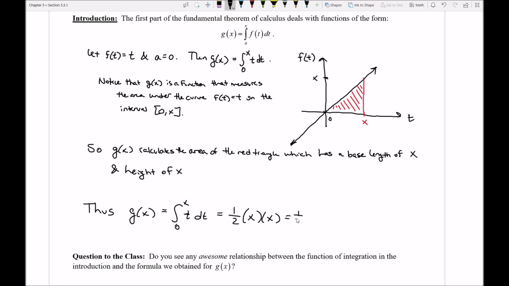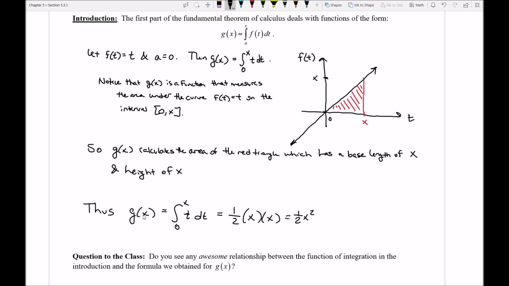Or I could write this as 1/2 x squared. So I actually have a different way of writing out a function that looks like this. I can easily see that in this specific instance, g of x, which has this crazy formula, also has this simple formula.